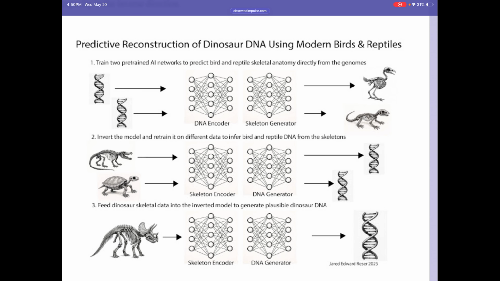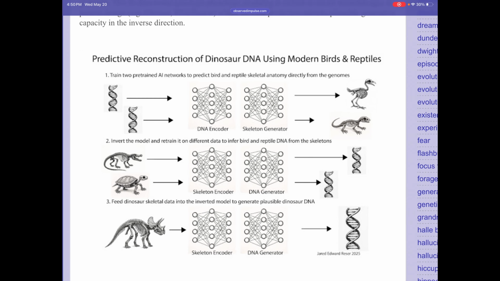You turn the genome and the full body skeleton into a number, and you teach it how to go back and forth with existing animals. And then we don't have anything from dinosaurs but the skeleton. But by using this pipeline, we've created a lock and key mechanism where the dinosaur skeleton is the key for unlocking ideas about their genome. So this is a whole other thing.